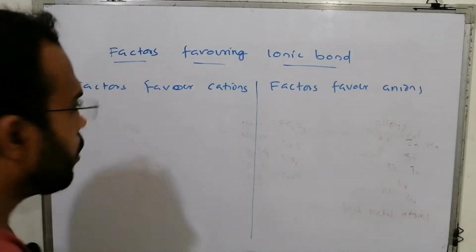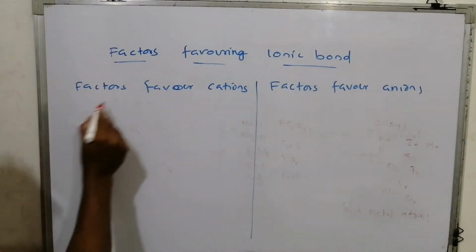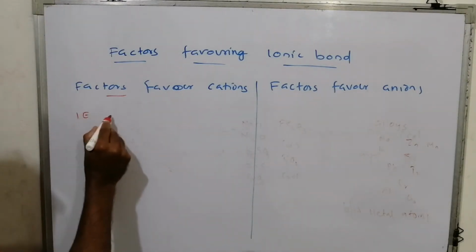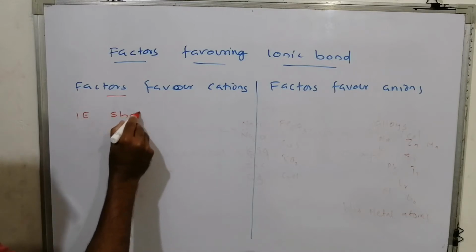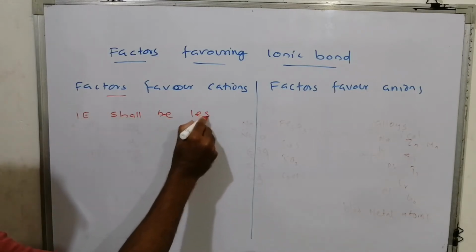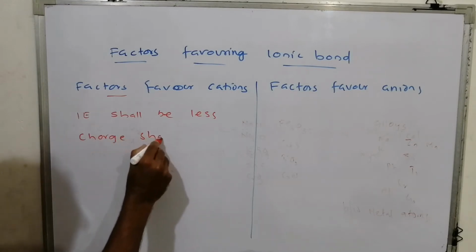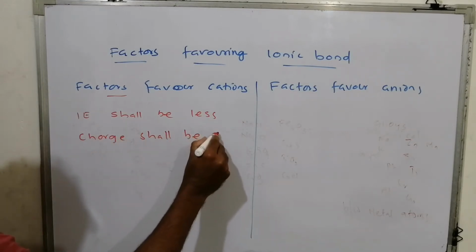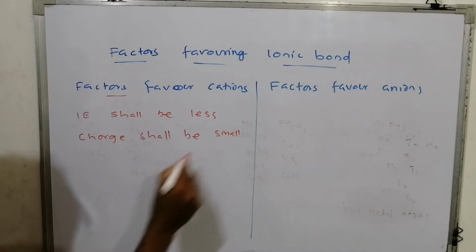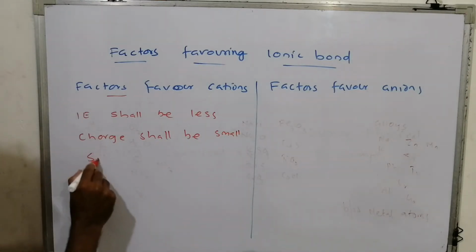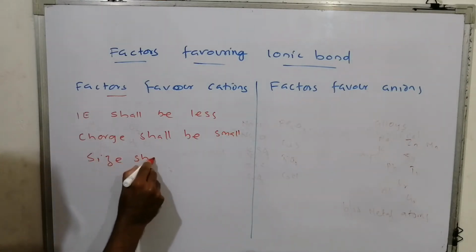In the case of factors favoring cations, ionization energy shall be less. Charge shall be small charge. Size shall be higher.